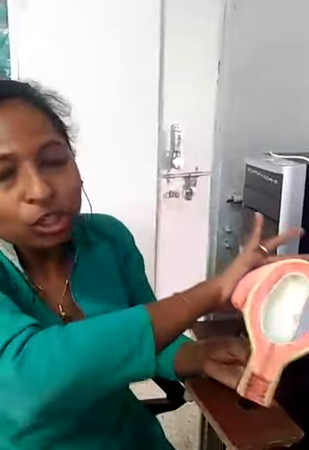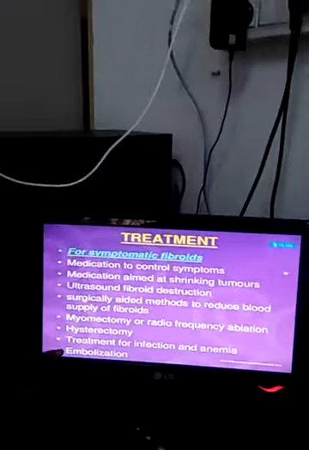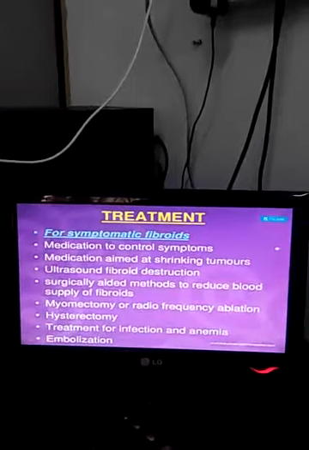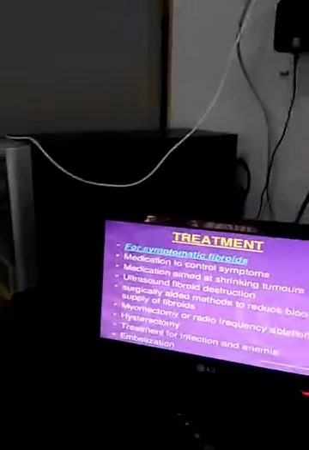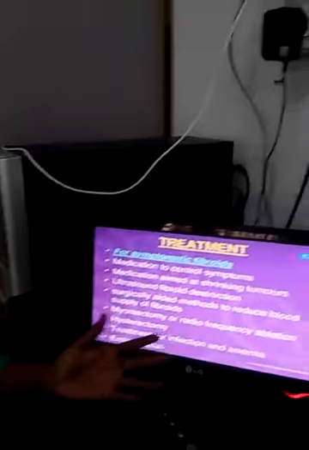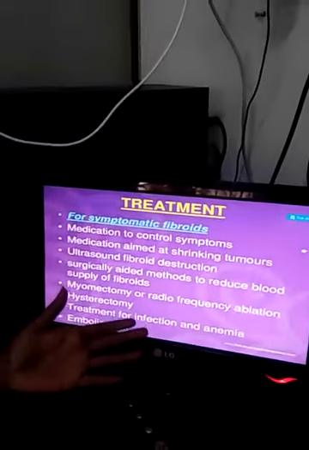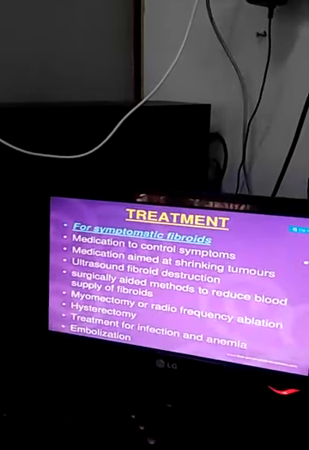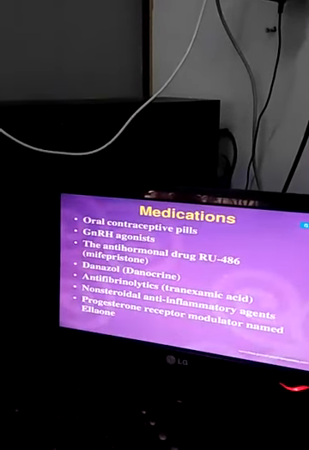And when the age is around 45 and the female has completed her family, at that moment we can remove the whole uterus, that is called a hysterectomy. And treatment for any infection and anemia: as we know, in uterine fibroid there is menorrhagia, so the patient may present with some sort of anemia, and if there is any infection, we have to treat it particularly, and immobilization.